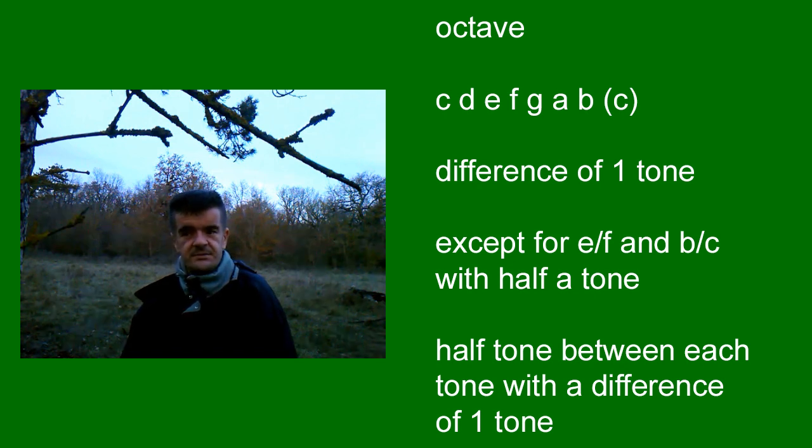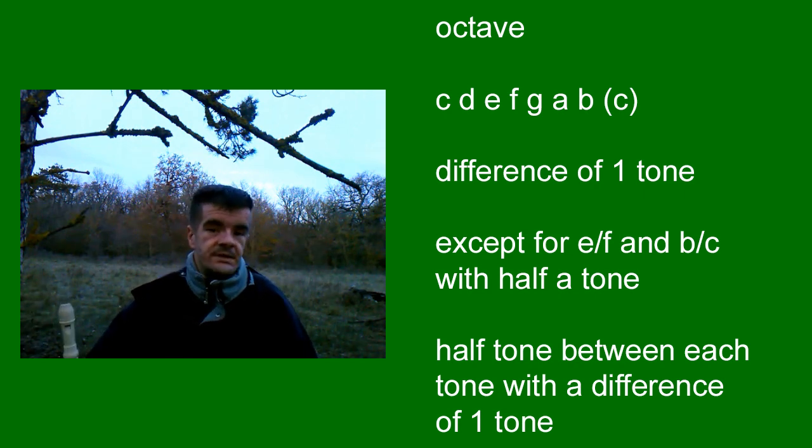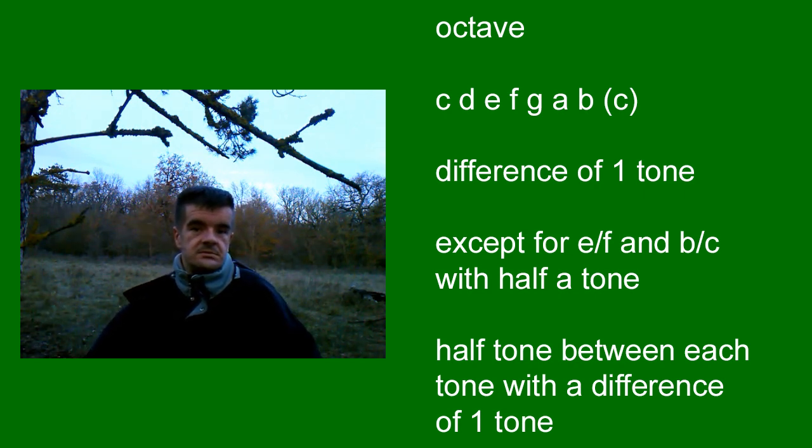Now I could have mentioned the next C. The next C after B is in fact a C of the second octave, but musicians often say that the upper C also belongs to the preceding octave.